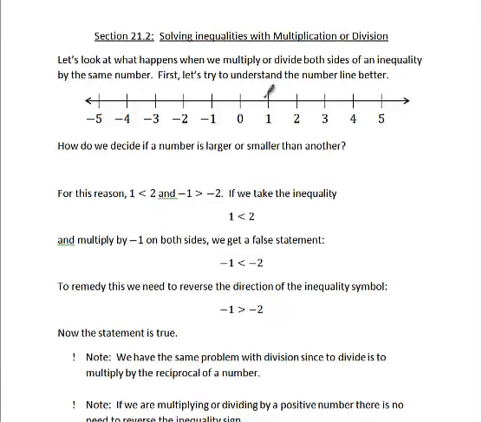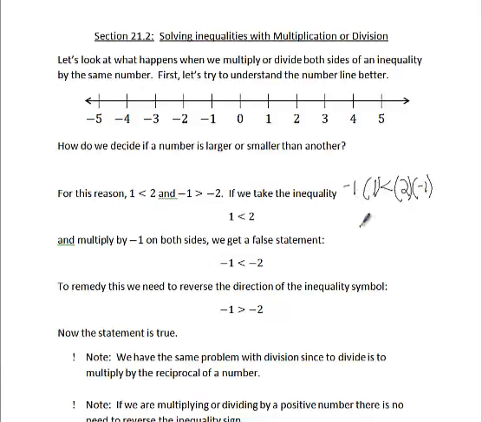Okay, so here are the situations that we have to learn that are different from the equal sign. Okay, the equal sign didn't have a direction, a certain orientation, while the inequalities do. And so now we see that in this situation, if we start with a true inequality, simple one, 1 is less than 2, true, and let's say I take both sides of the inequality and I multiply it by -1.